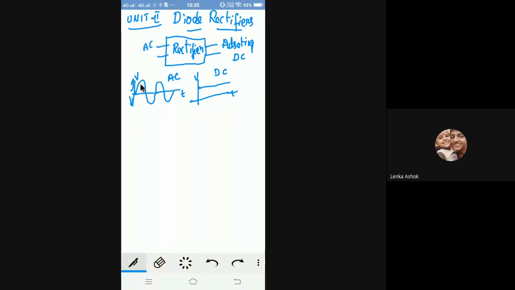So an AC signal is having both positive as well as negative values, whereas a DC signal is having either positive or negative values. The first difference is that an AC signal has both positive and negative values, whereas a DC signal has only positive or negative values.